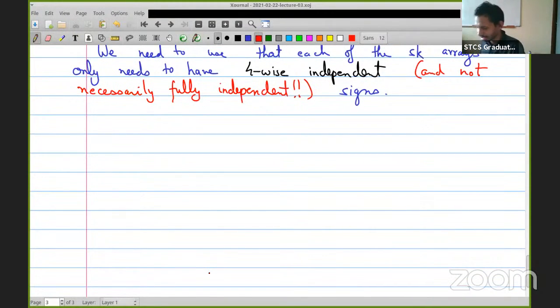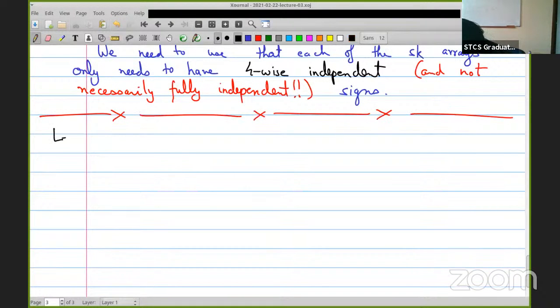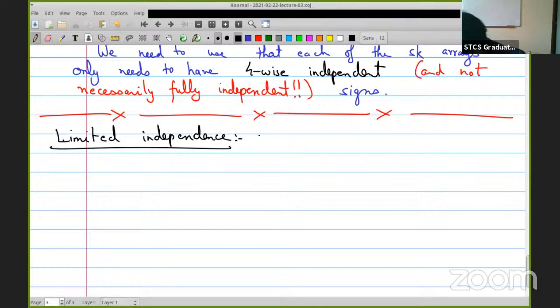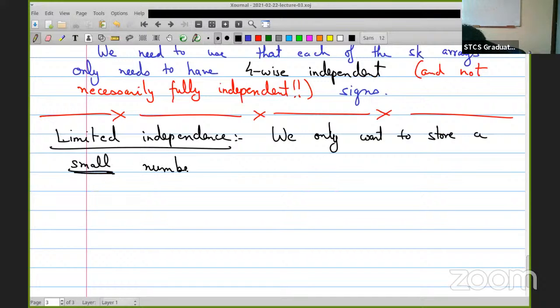So let's look at limited independence. What we want is a system like this. We only want to store a short seed, a small number of truly random bits.